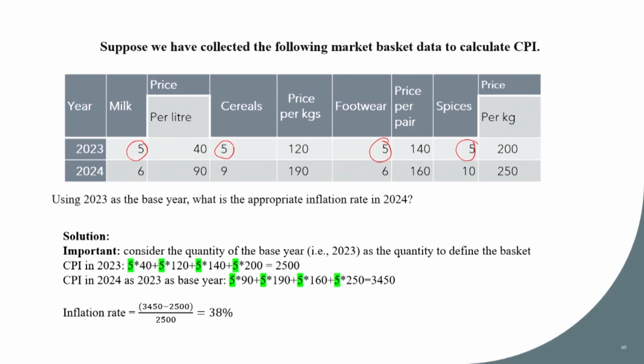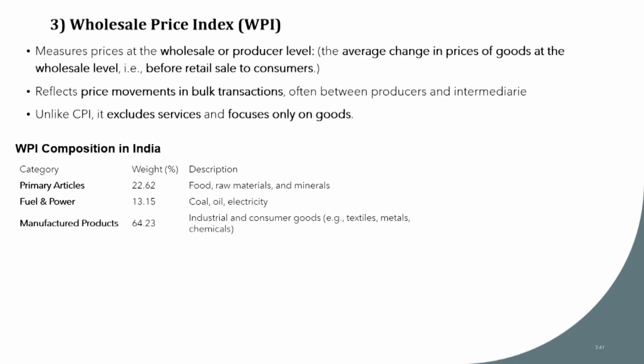Using the inflation formula, you get 38%. So from this table, the inflation rate is that, as compared to 2023, in 2024 there is a 38% increase in price level.